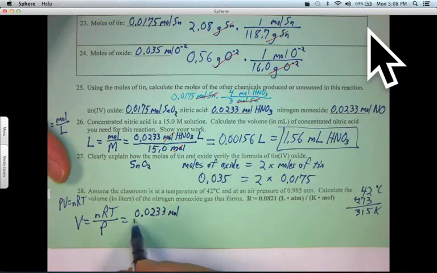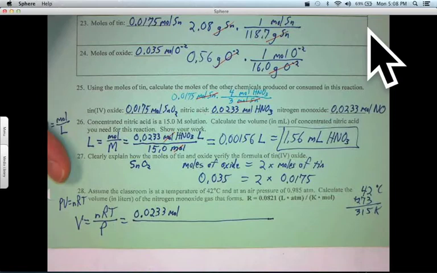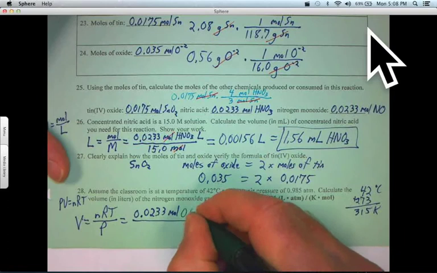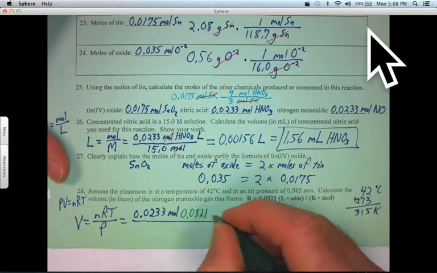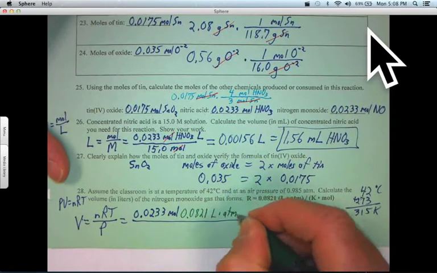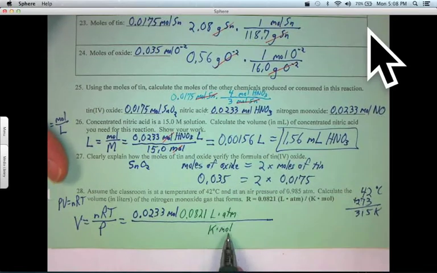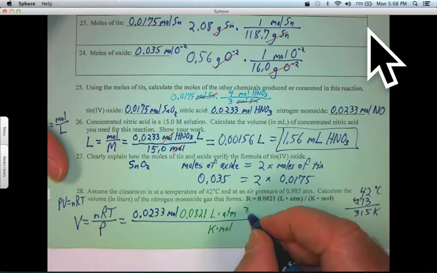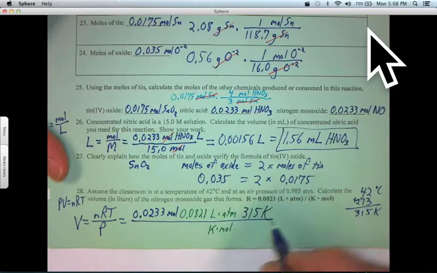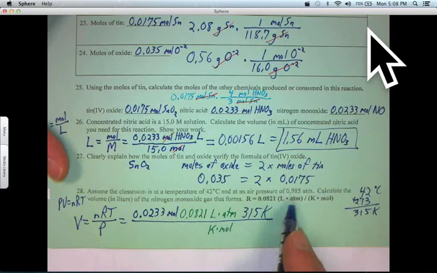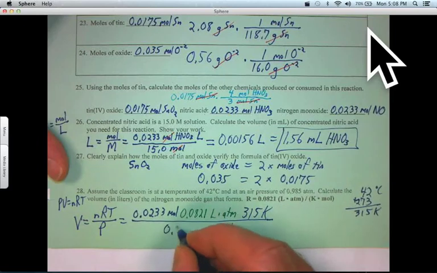We're given R. Let's do a nice long line, and then I'm going to draw R in a different color. Let's use green. 0.0821 liters times atmospheres over Kelvin times mole. So Kelvin mole goes on the bottom. T is 315 Kelvin, and P, which is given to us, is 0.985 atmospheres.